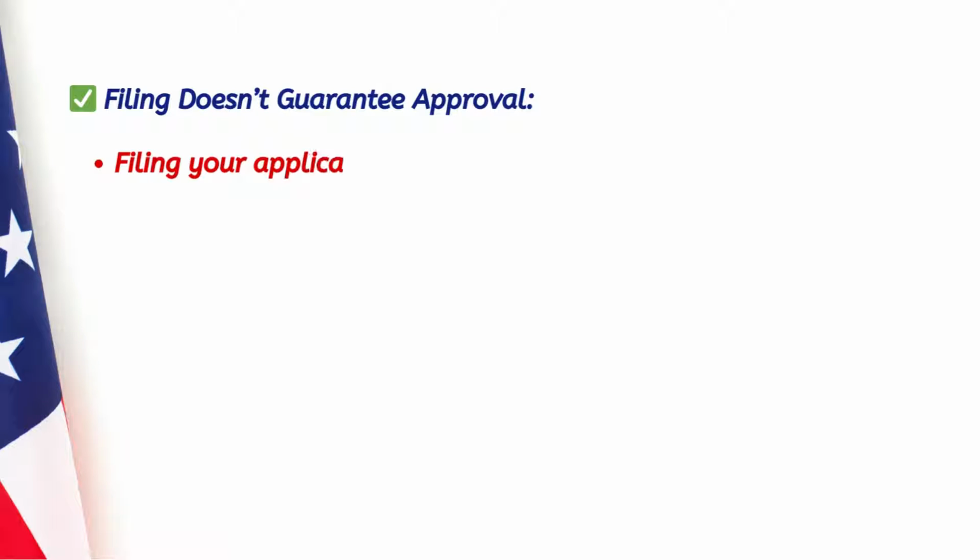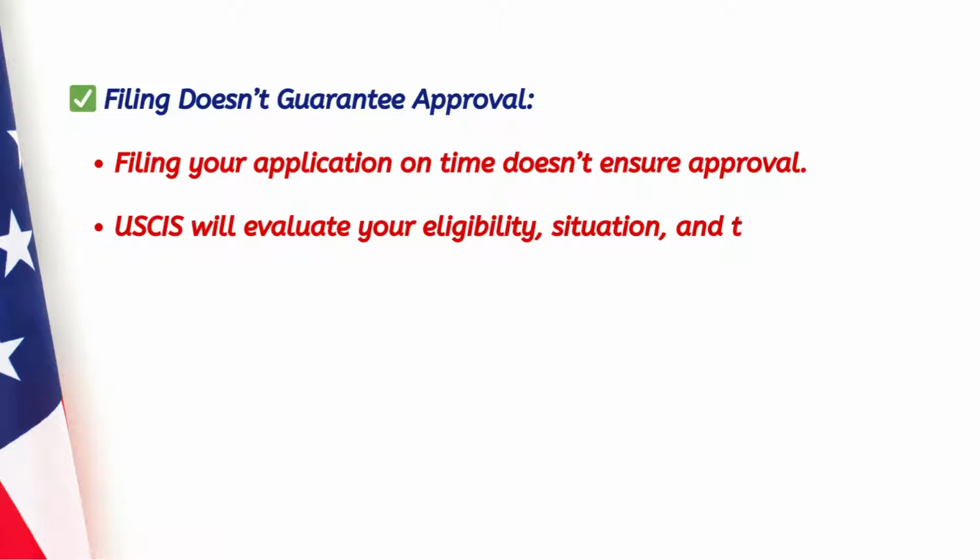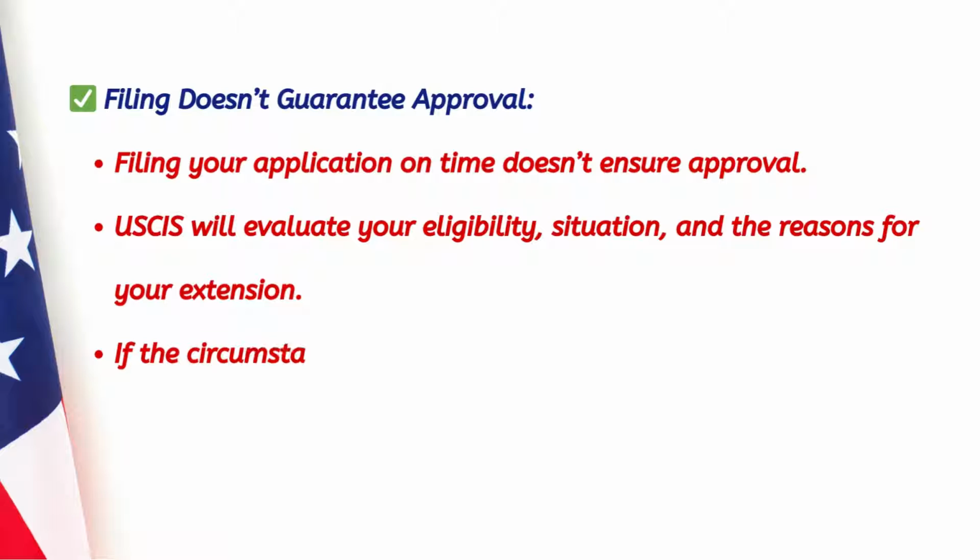But please do keep in mind that by simply filing your application on time and being eligible for an extension does not automatically mean that your stay will be extended. USCIS will evaluate your situation, your status, and the reasons for your extension request before making a decision.